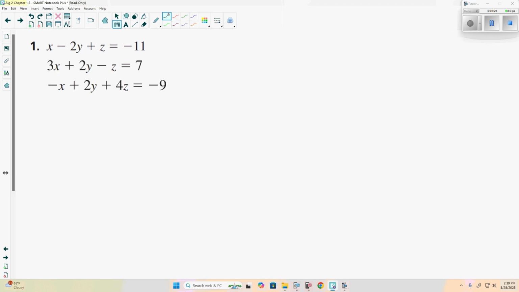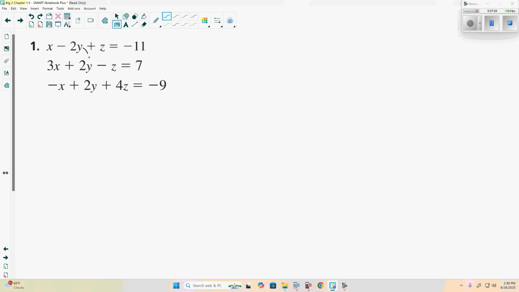Because either one, X, Y, or Z, all of these are going to be nice, yes? Because if we look at the top one, we can turn X into 3X, and X and negative X both are already 1, so that works out nicely. These two Z's are already the same, so that's fine. And I can easily turn either one of these Z's into 4, so that we can eliminate it.